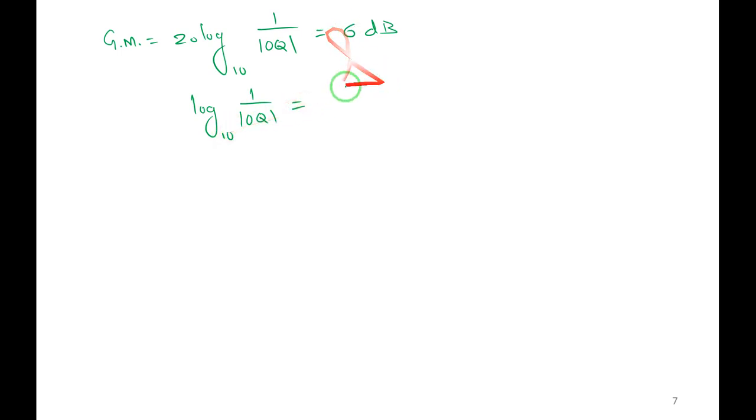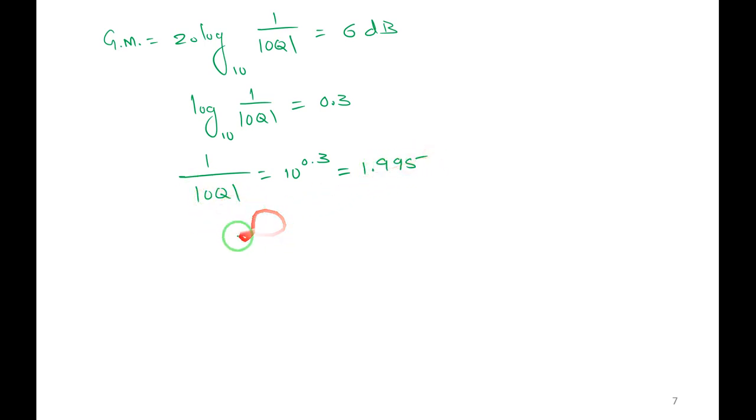So 6 divided by 20, I am getting 0.3. Next, 1 by magnitude of OQ is equal to 10 to the power of 0.3, which is 1.995.